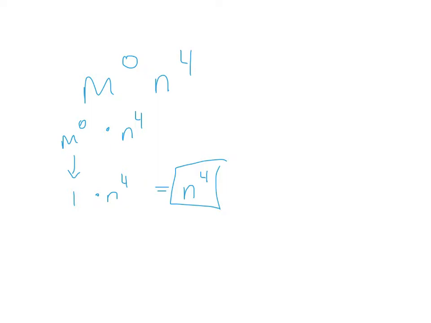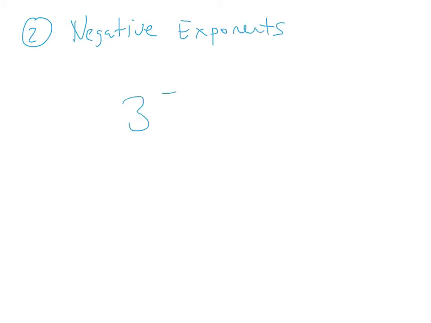Now, let's talk about negative exponents, item number 2. All right, so let's say you had 3 to the negative 5th, and you were told that you need to write that expression using only positive exponents. What would you do?